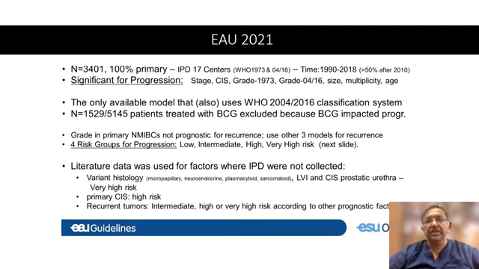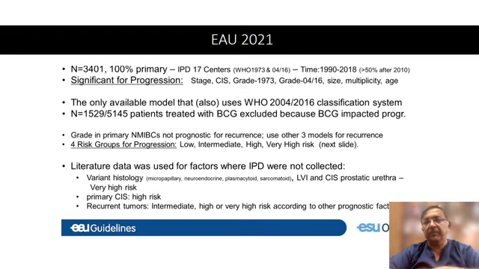One addition in this latest risk calculator is a very high risk group. Initially we had low risk, intermediate risk, and high risk, and now there is an addition of very high risk non-muscle invasive bladder cancer.